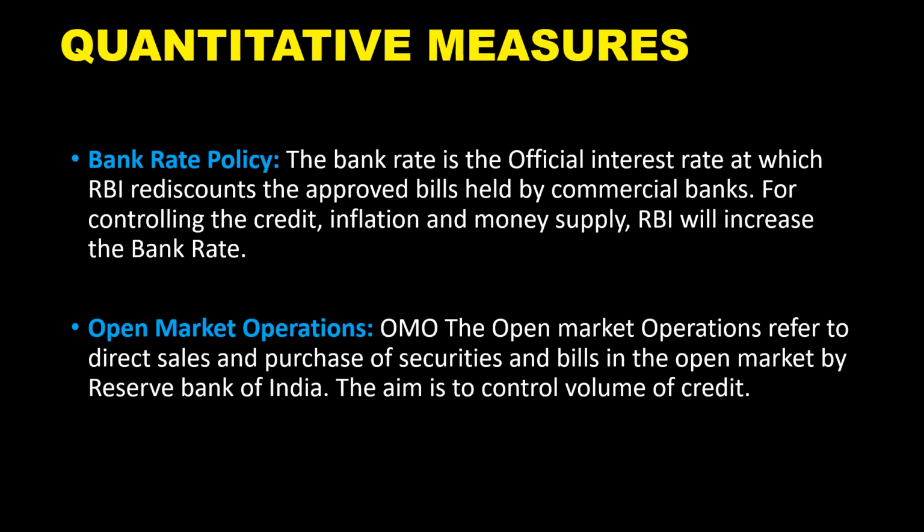That is reverse repo. Now you need to understand the difference between the repo and bank rate. Repo and bank rate are almost the same, but there is a difference. How is it similar? Similar because both are interest rates which commercial banks are paying to the RBI because they borrowed money from the RBI. But then what is the difference?